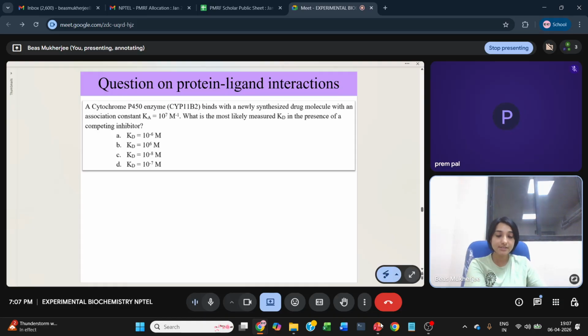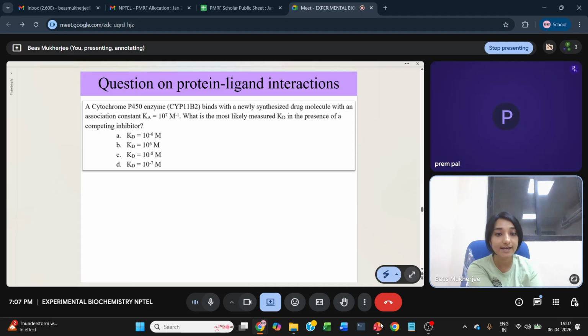This is doable. Try. This is not very difficult. So if Ka is 10 to the power 7 mole inverse, then what would Kd be? 1 by 10 to the power 7, so that becomes 10 to the power minus 7.